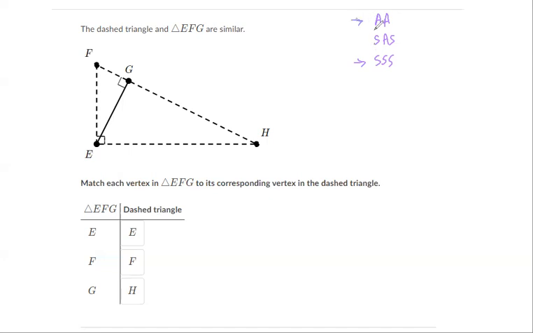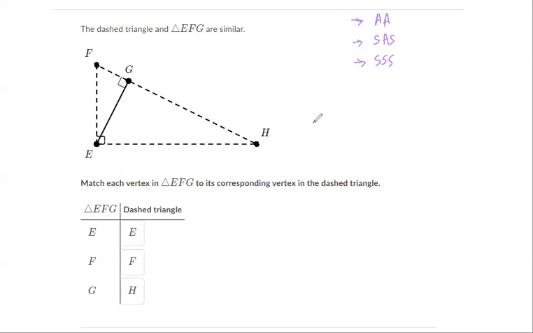Or if you can show two angles are equal, then they are going to be similar. Then if they are similar, their sides will be proportional. So you are going to find more information about those triangles. Or if you have two sides and the angle in between, and the two sides are proportional and the angle in between is equal, then you can say their other angles will be the same, or the third side is also proportional, and stuff like that.